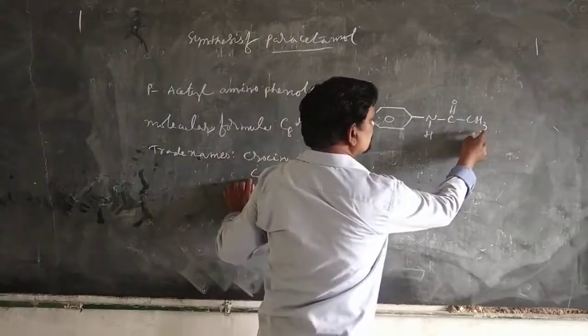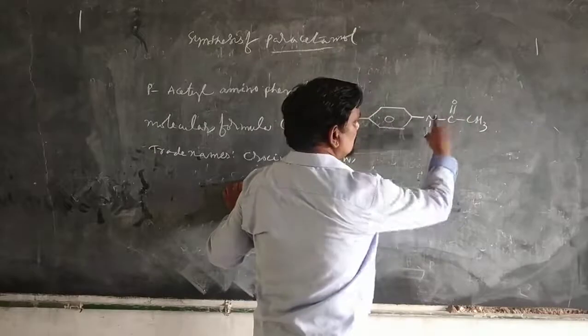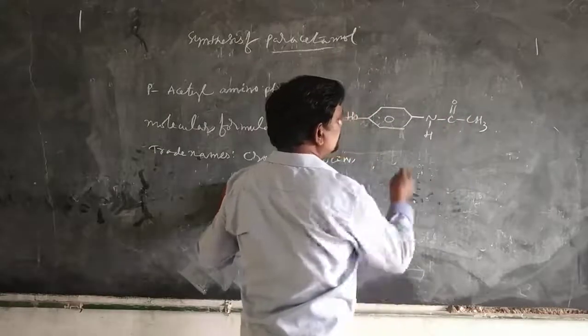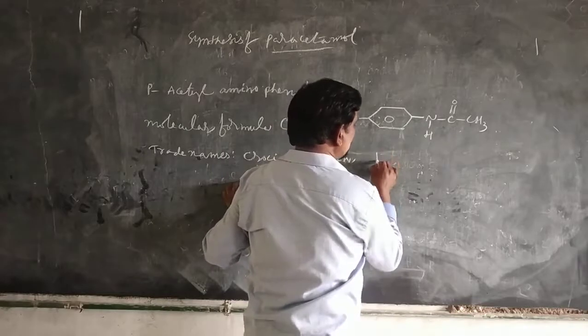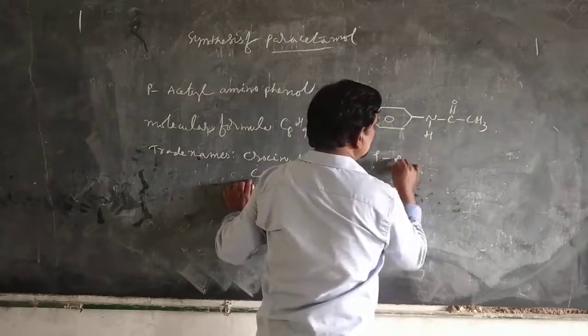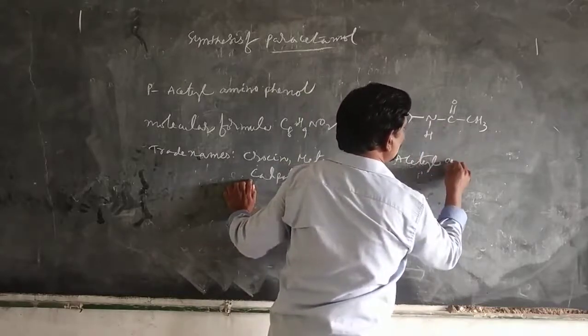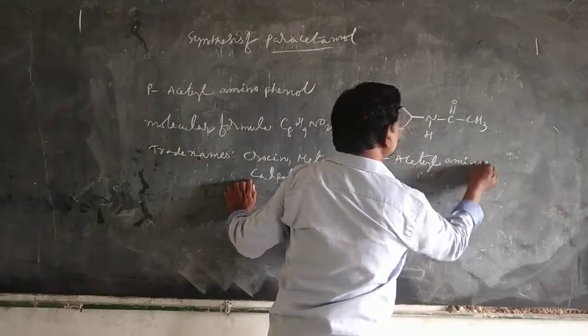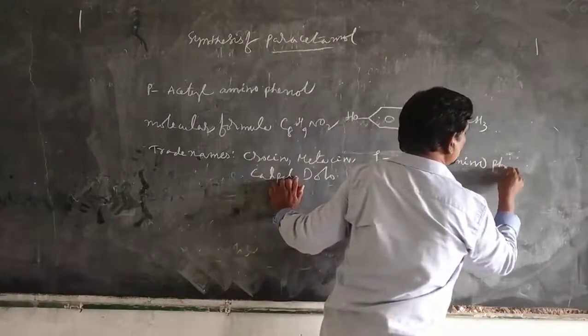So CH3CO acetyl group and H amino group. That's why it is connected at the para position: para acetyl amino phenol.